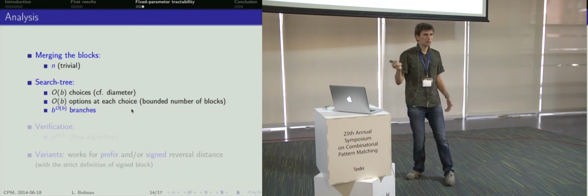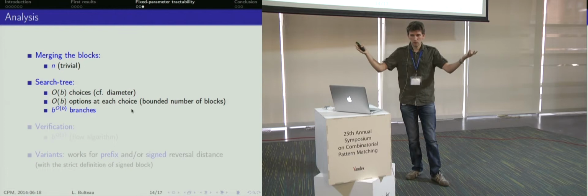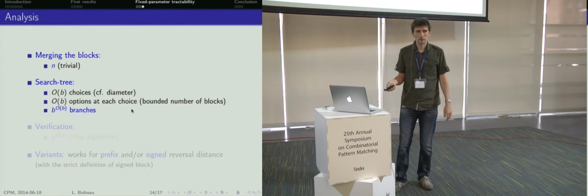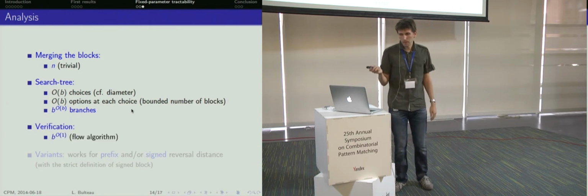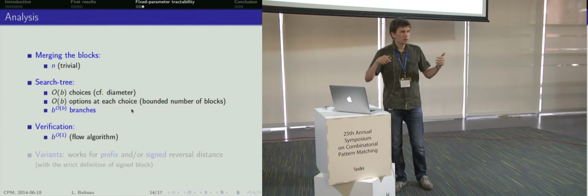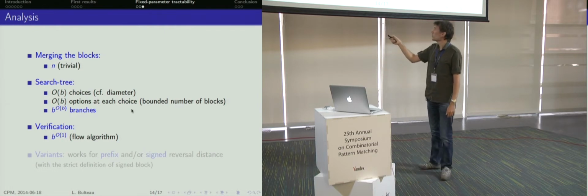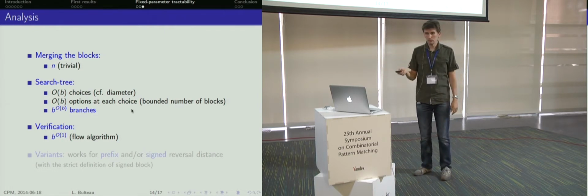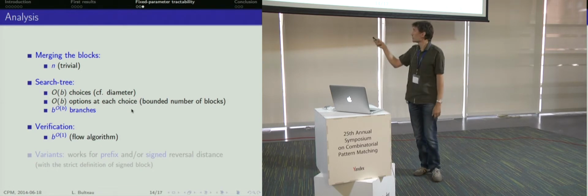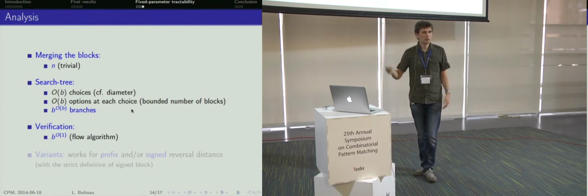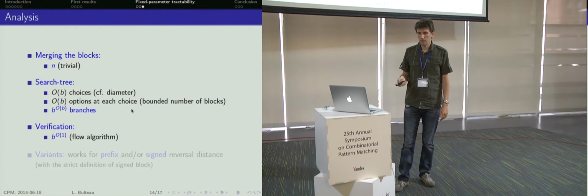So that's a search tree with B to some linear function of B branches. And the verification afterwards, the flow algorithm, is polynomial in B, because it's polynomial in the number of vertices and arcs on our graph.